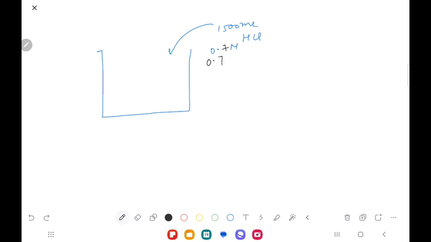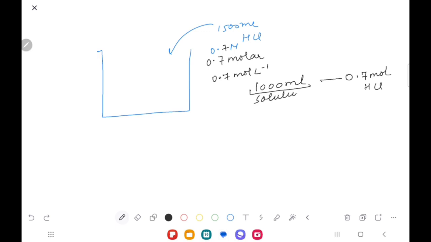That 0.7 molar means what? 0.7 moles per liter, isn't it? And if I have 0.7 moles per liter, that means for 1000 ml, I have 0.7 moles in the solution. That's what I'm saying. If I have a 1000 ml solution, all right, in the 1000 ml solution, what do you think I would have?